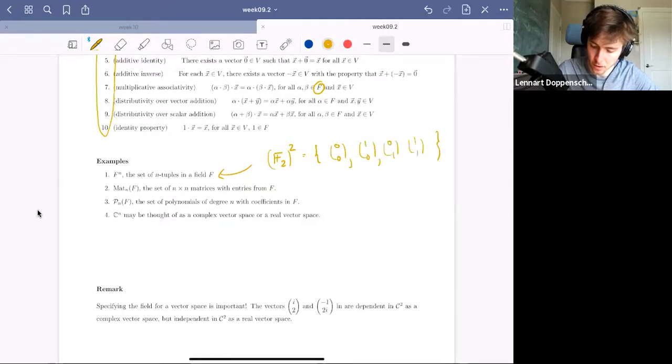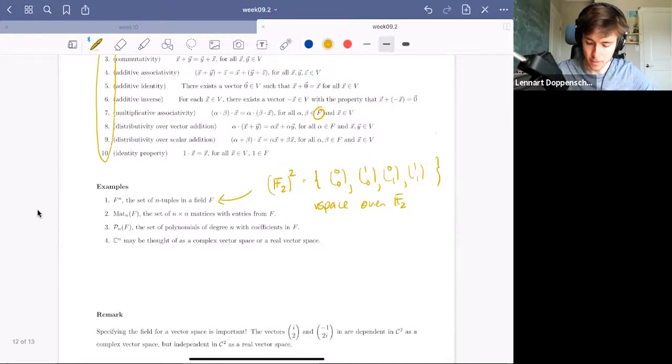So this will actually be a vector space over F2. And you would write the vectors the same way that you've always written vectors in this course. Scalars can be multiplied with the vectors the same way, only now we have to be more careful what the scalars are in our case. We have to be very specific which field we want.